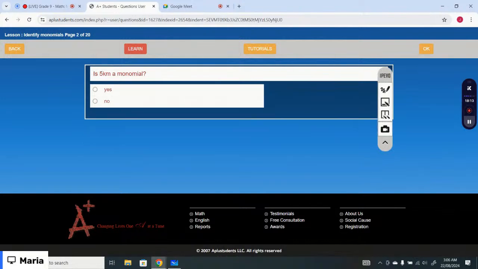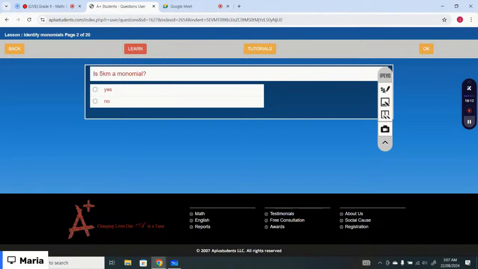Okay, is 5km a monomial? So which is the correct option? The correct option is yes, that is a monomial, right? km is the product.